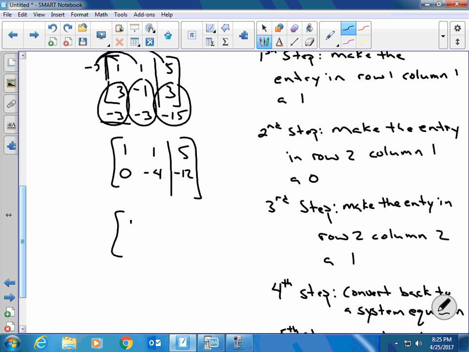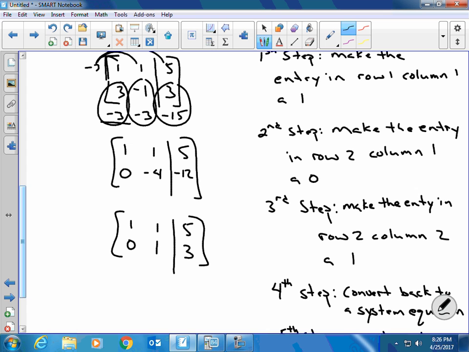Leave the first row alone because it already looks like what I want it to look like. It already has a 1 in the first entry. Second row, divide everything by -4. 0 divided by -4, 0. -4 divided by -4, 1. -12 divided by -4, 3.